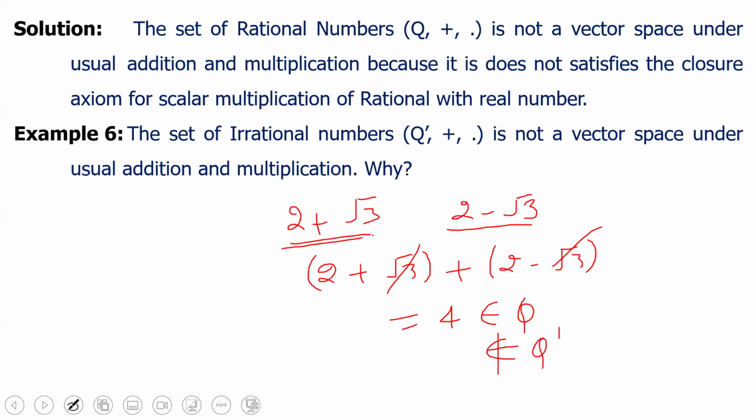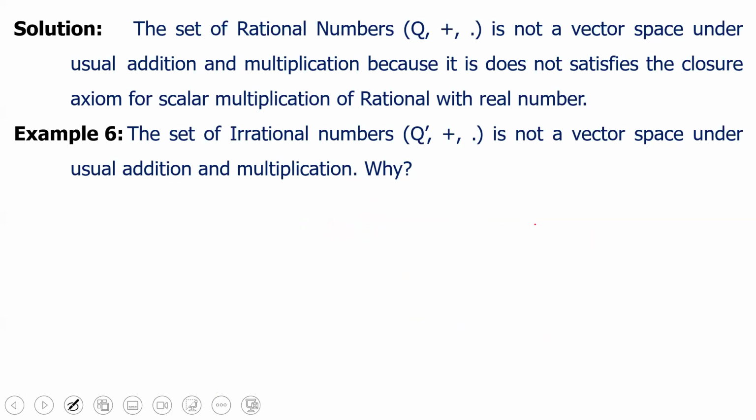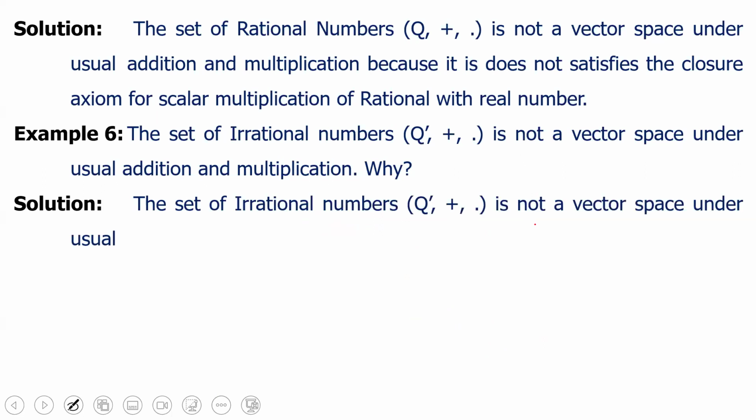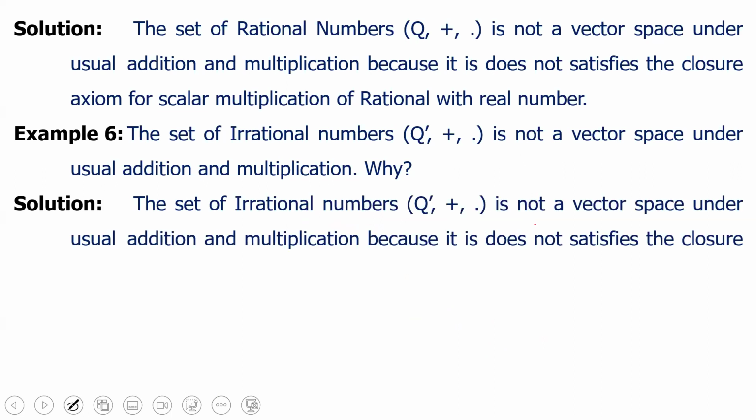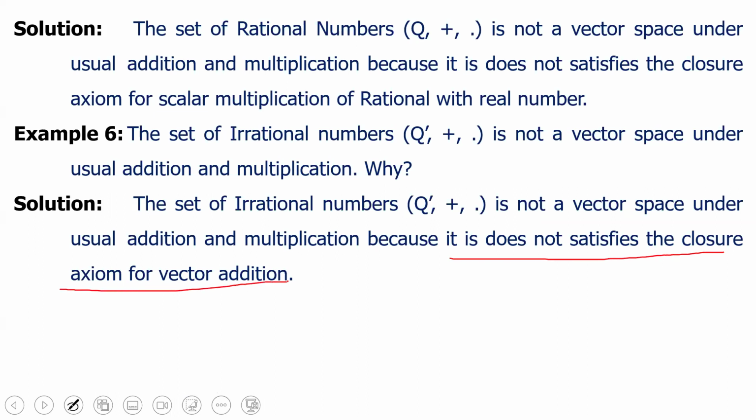So the addition of two irrational numbers need not be irrational. Therefore, it does not satisfy the closure axiom. Hence, the set of irrational numbers Q' is not a vector space under usual addition and multiplication because it does not satisfy the closure axiom for vector addition.